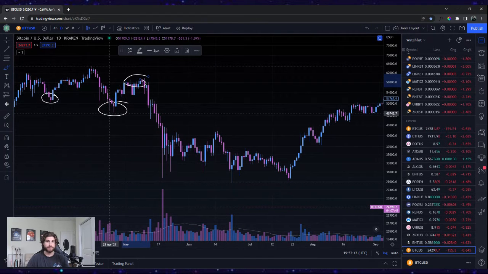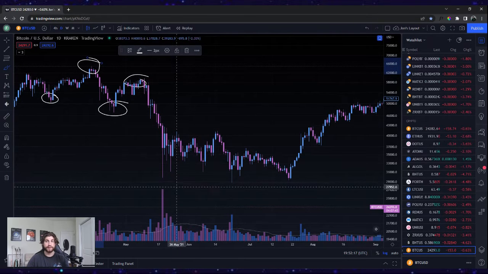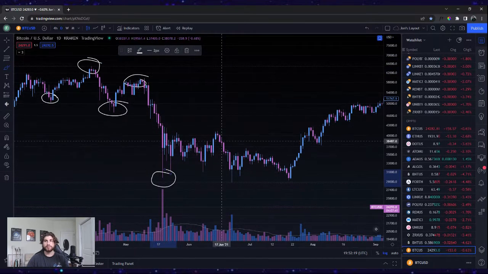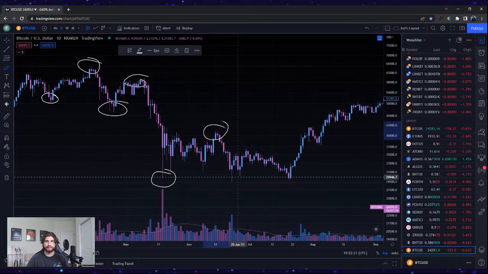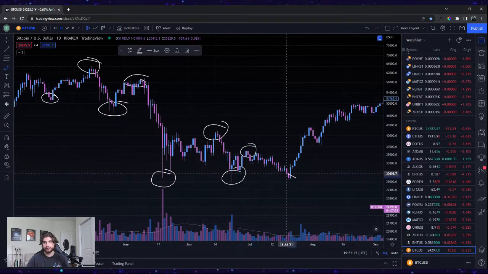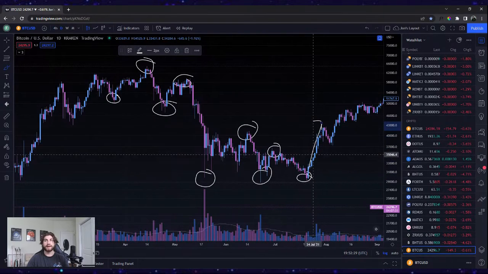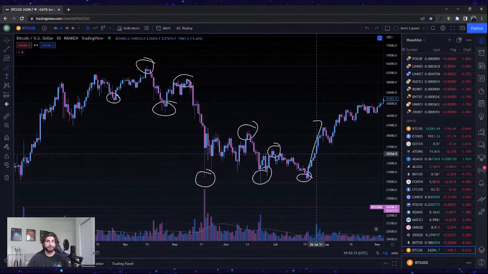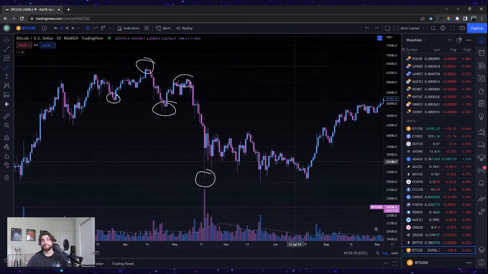There's your first lower low. Here's your high. Here's your first lower high. And then lower low, lower high, lower low, lower high, lower low. And then it was breaking out of that and once again going back to printing higher highs and higher lows, that we were in a bull market again, right?